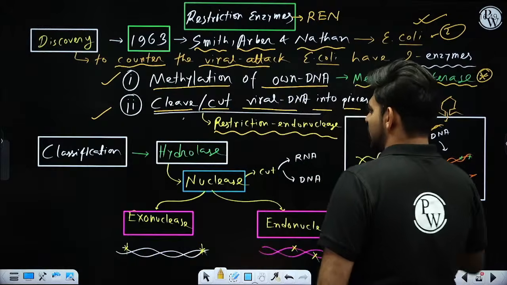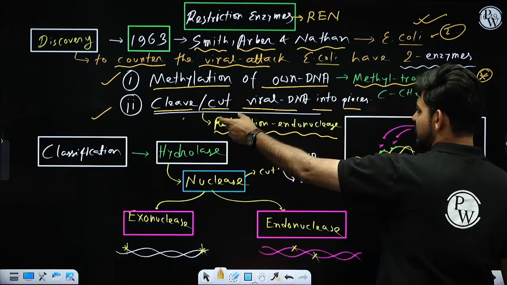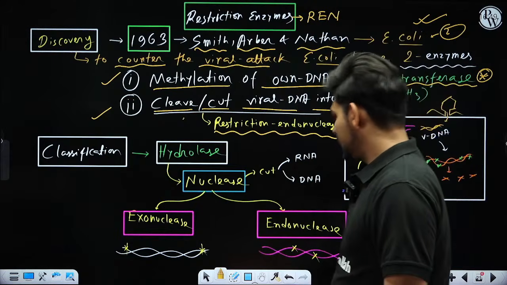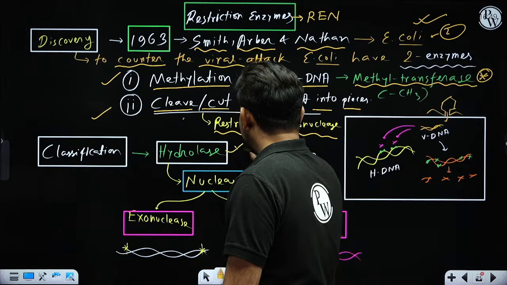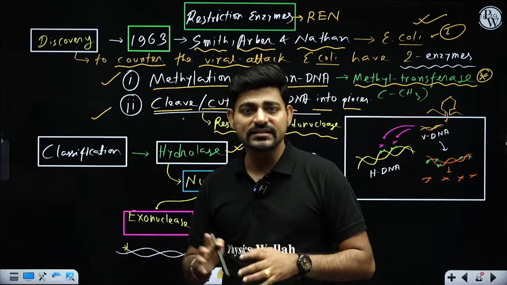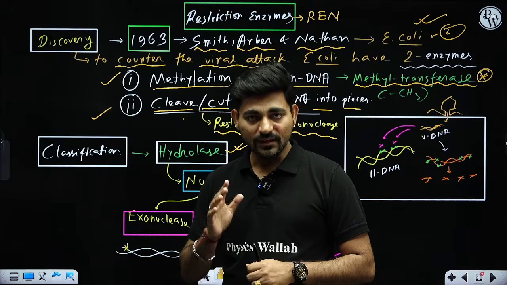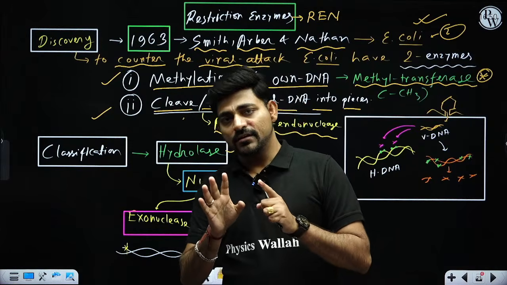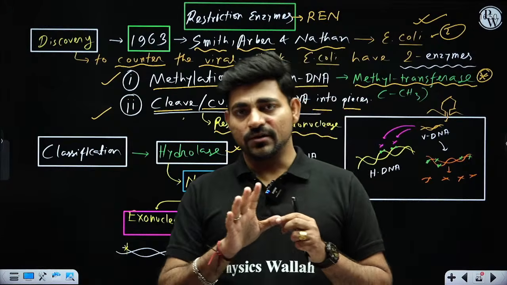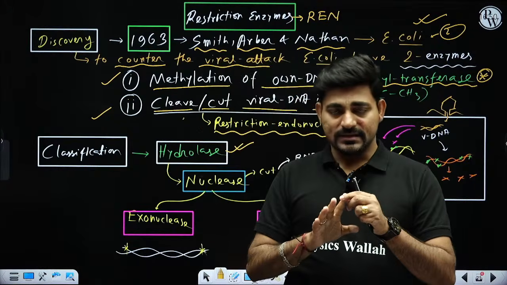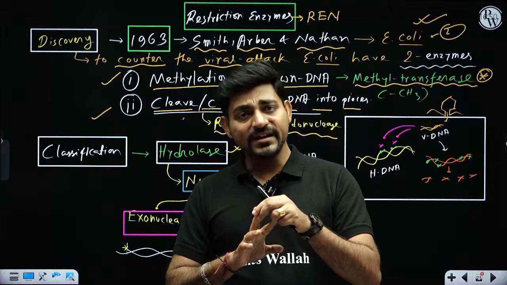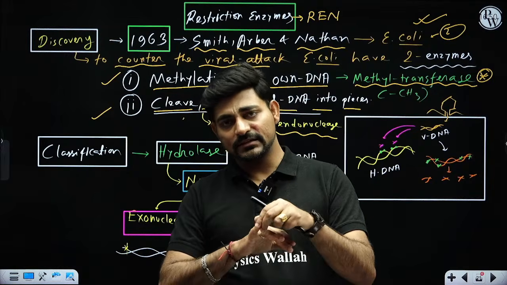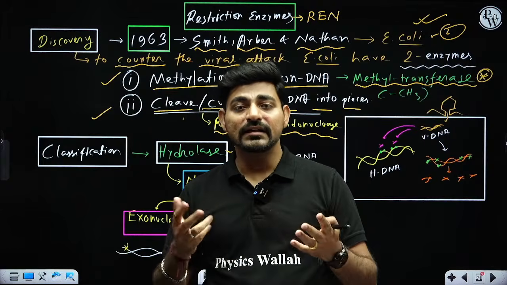Okay. So let's focus on this restriction endonuclease enzyme. If you want to classify them, there are total 6 classes of enzymes. They are named as oxidoreductase, transferase, hydrolase, lyase, isomerase and ligase.